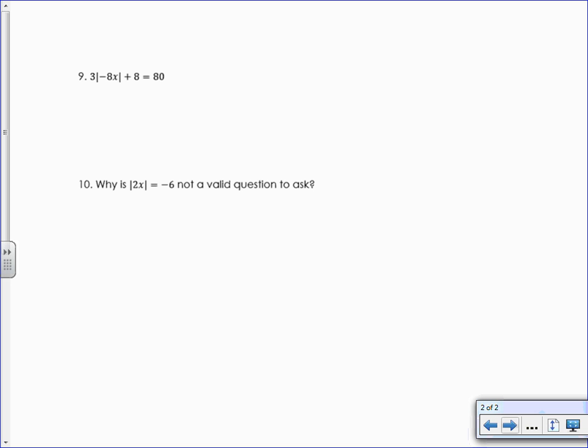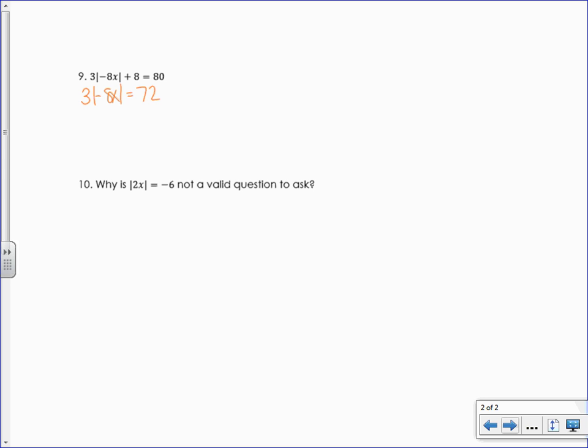This one is not really a curveball, because we're still going to do the same process that we've been doing. We have to isolate the absolute value. First thing, subtract the 8 over. So I have 3 times the absolute value of negative 8x, which is equal to 72. Now this is 3 times the absolute value, so we're going to divide by 3. You cannot distribute this 3 into the absolute value. I hope none of you did that.